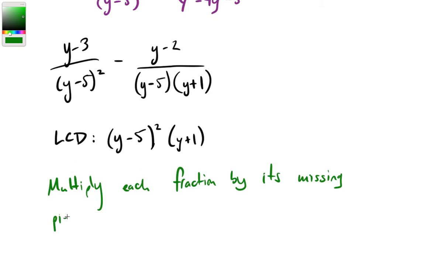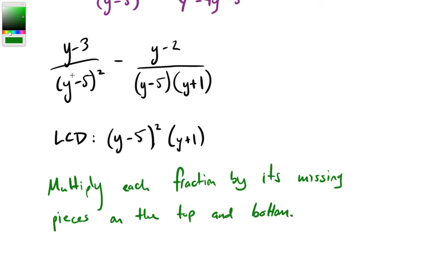So what do I mean when I say pieces? I mean the pieces that it's missing to form the common denominator. And we want to multiply on the top and the bottom. And the reason we do this is because we can't actually change these expressions in terms of their value. We just want to change the way that they look.